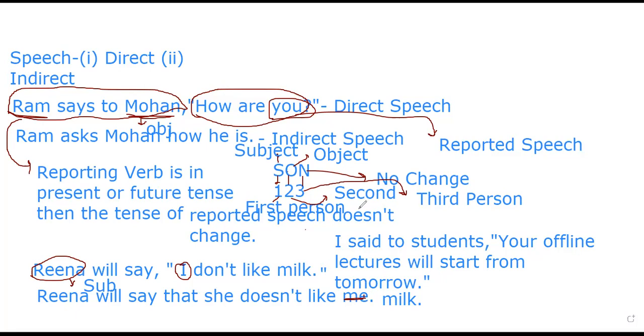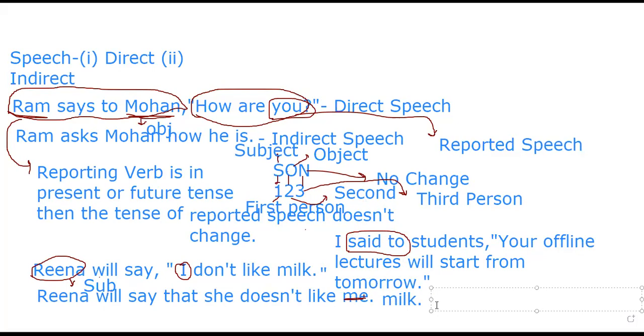Past tense, correct? Here said to is past tense; will say was future tense, correct? Said to will change into told, okay, so it will change.